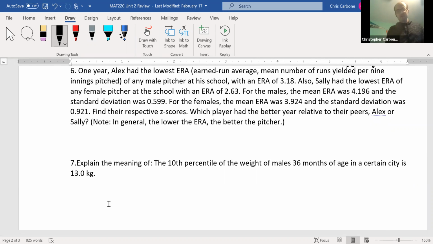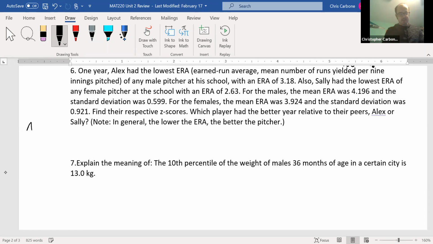For the males, the mean ERA was 4.196 and the standard deviation was 0.599. For the females, the mean ERA was 3.924, and the standard deviation was 0.921. Find their respective z-scores. Which player had the better year relative to their peers, Alex or Sally? And as I note, in general, the lower the ERA, the better the pitcher.